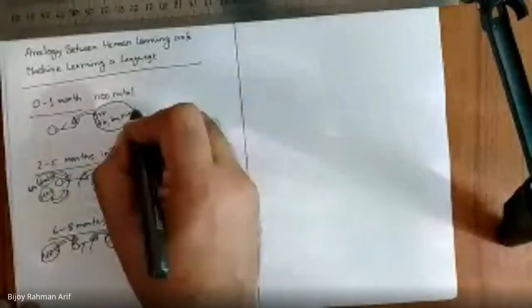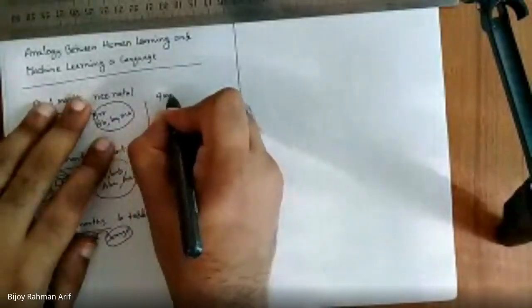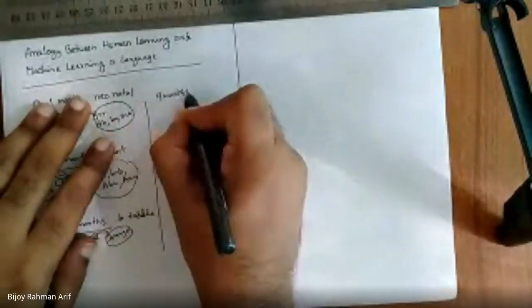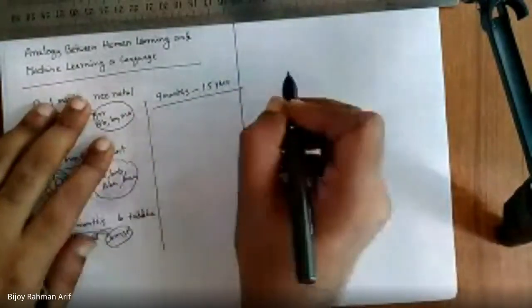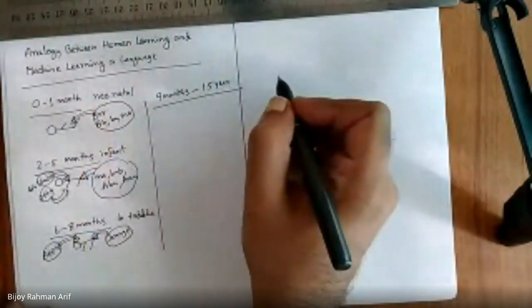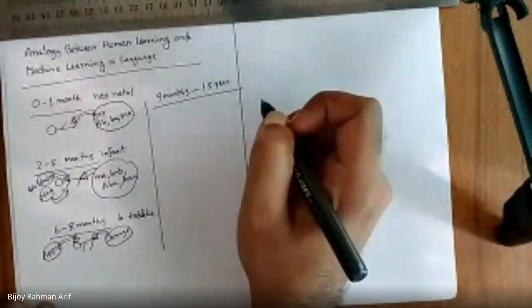Okay. Then what happened when they become 9 months to 1.5 years? They can convey their message.